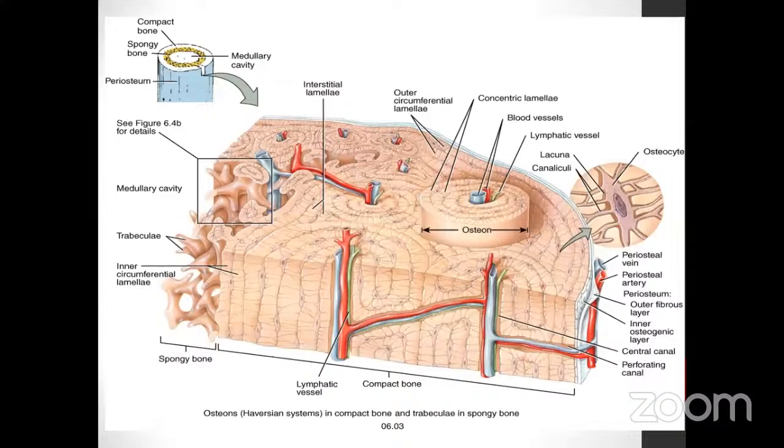Now, the osteon is a formal unit in the bone, which is composed of circular lamellar layers of bone, in which there are entrapped some osteocytes and central longitudinal and transverse canals. The longitudinal one that goes with the long axis of the bone is called the Haversian canal, and the transverse ones are called the Volkmann's ones.